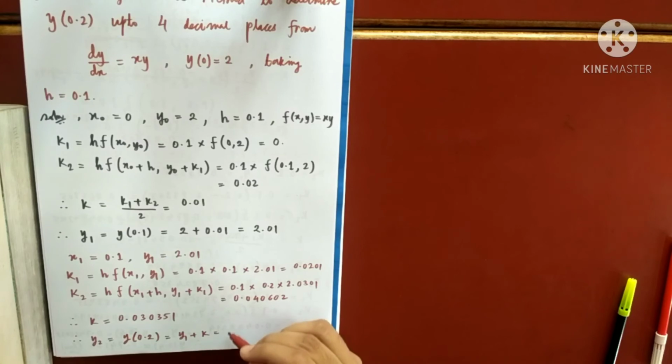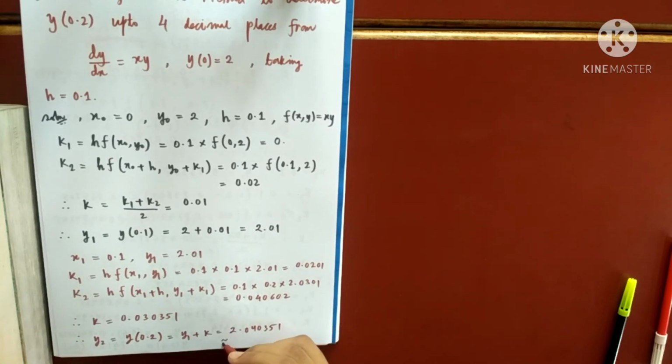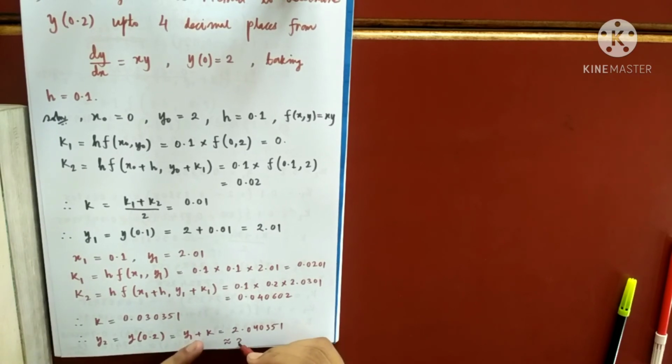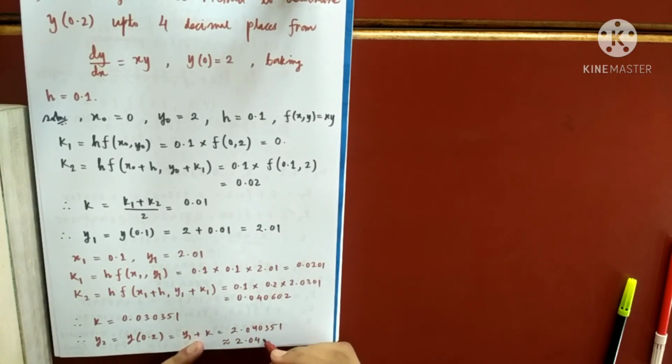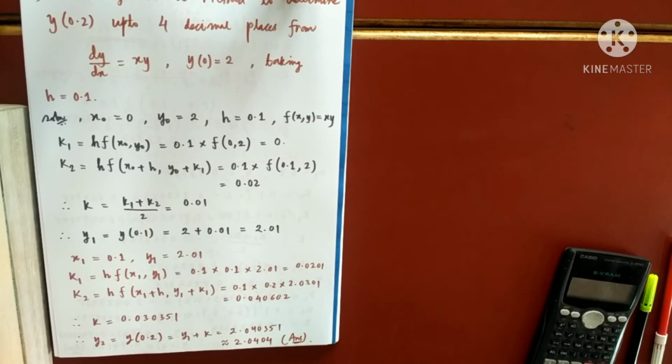We are getting 2.040351. As we have to give the answer correct up to 4 decimal places, 2.0404. So this is your answer, correct up to 4 decimal places, y at 0.2.